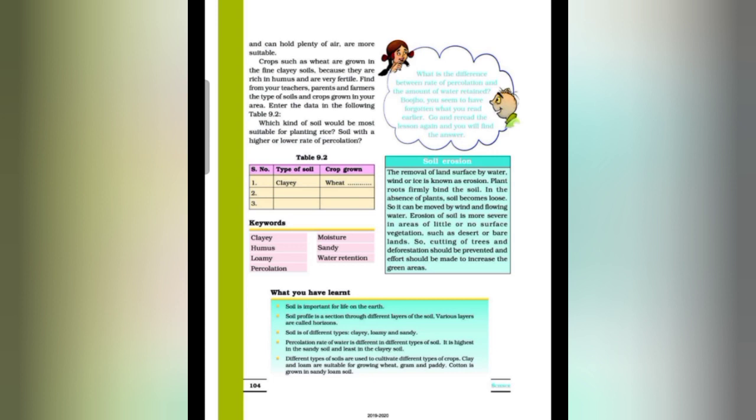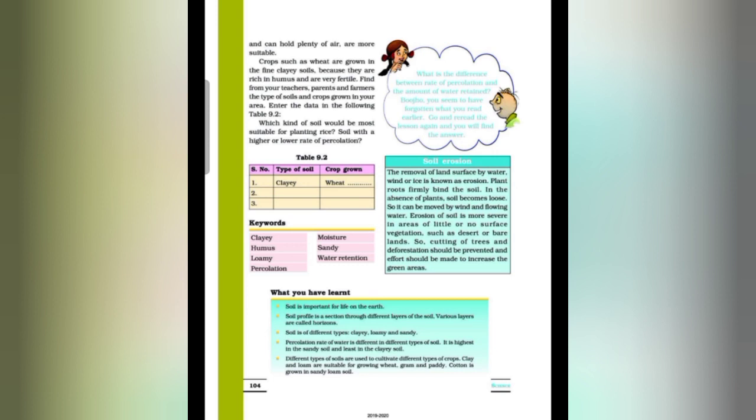In the absence of plants, soil becomes loose, so it can be moved by wind and flowing water. Erosion of soil is more severe in areas of little or no surface vegetation, such as deserts or bare lands. So cutting of trees and deforestation should be prevented and efforts should be made to increase the green areas.